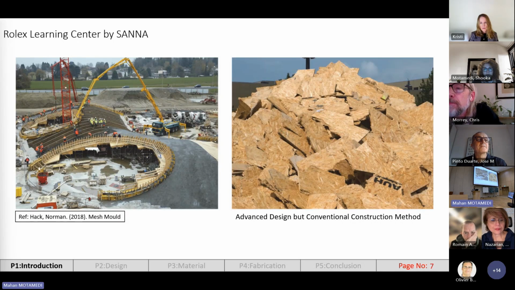The second example is the Rolex Learning Center. However, the design of this structure is done by advanced tools, the construction still remains conventional, and for the construction, they need a massive amount of formwork, which will be disposed of after the construction.